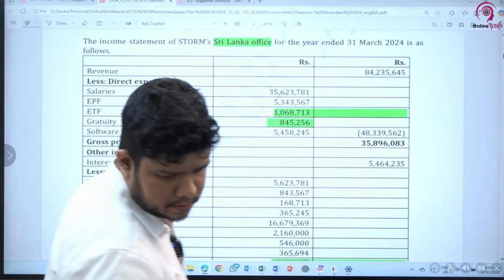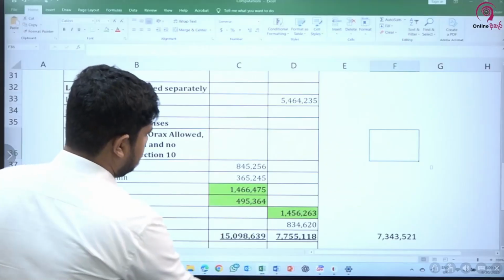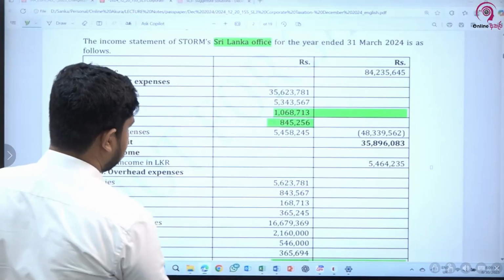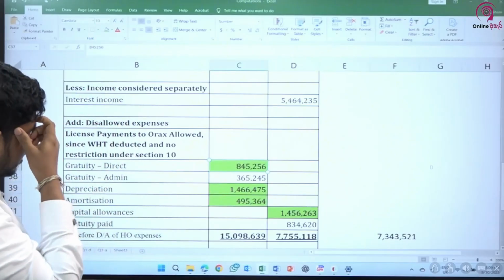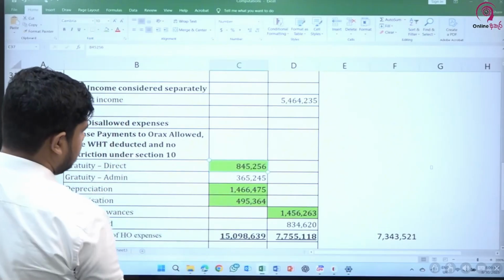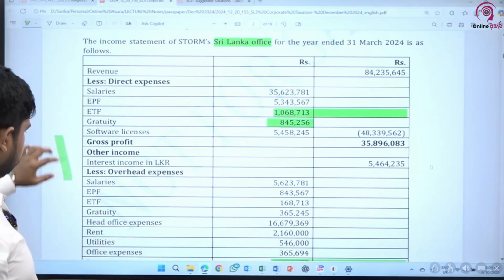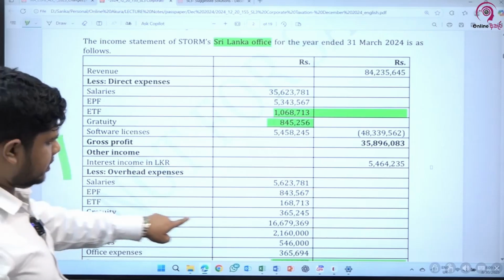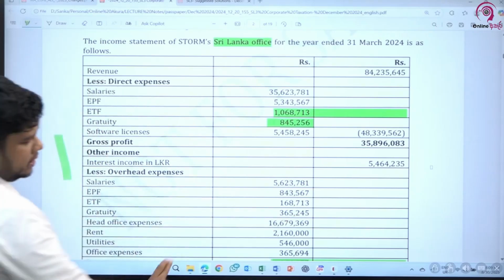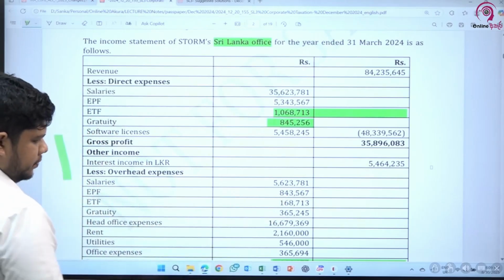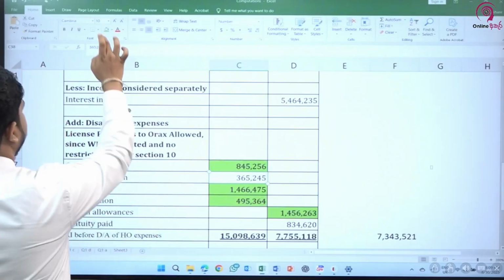This one, 845 gratuity. So you disallow it. Next, another gratuity is also there. You assume it as a provision. Here, gratuity 364,256. Under overhead expense, it is 365,245. Right. That also you disallow.